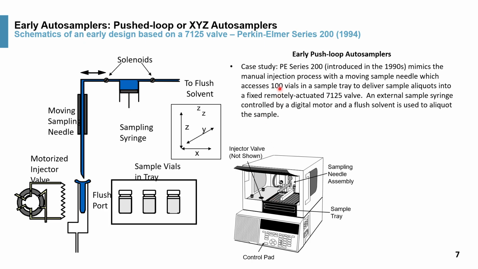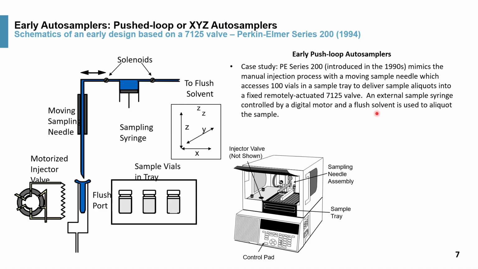So in this case study, we have a PerkinElmer Series 200 introduced in 1990, which mimicked the manual injection process with a moving sampling needle, which can access 100 vials in a sample tray to deliver a sample aliquot into a fixed, remotely actuated 7125 valve.